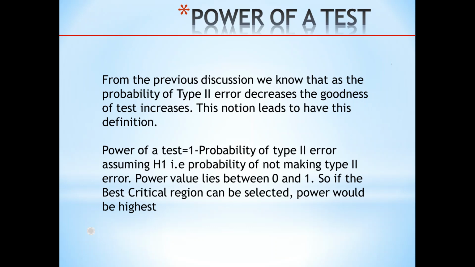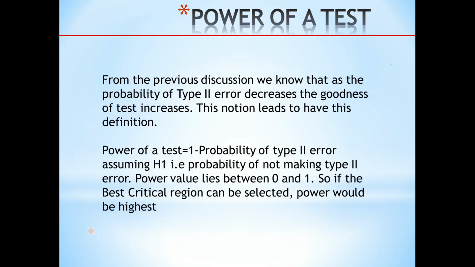Power is the probability of making a correct decision to reject the null hypothesis when the null hypothesis is false. Power is the probability that a test of significance will pick up on an effect that is present. Power is the probability that a test of significance will detect a deviation from the null hypothesis, should such a deviation exist. Power is the probability of avoiding a type 2 error.